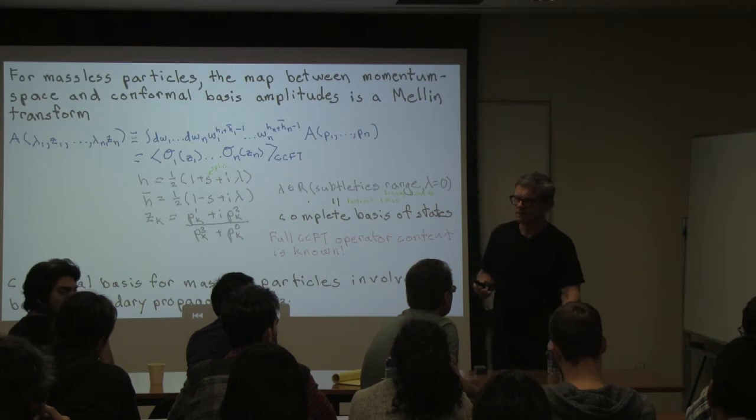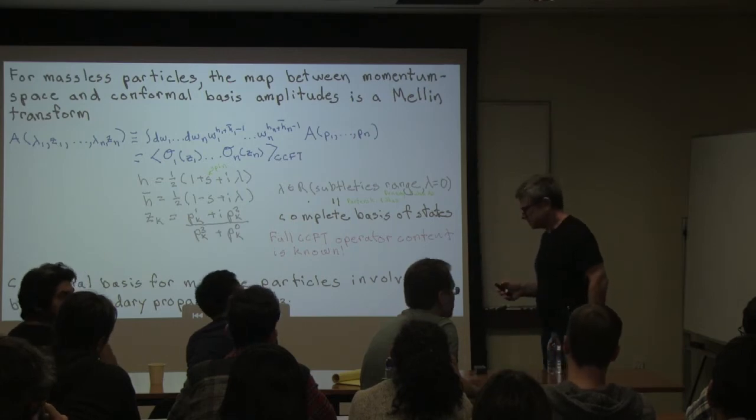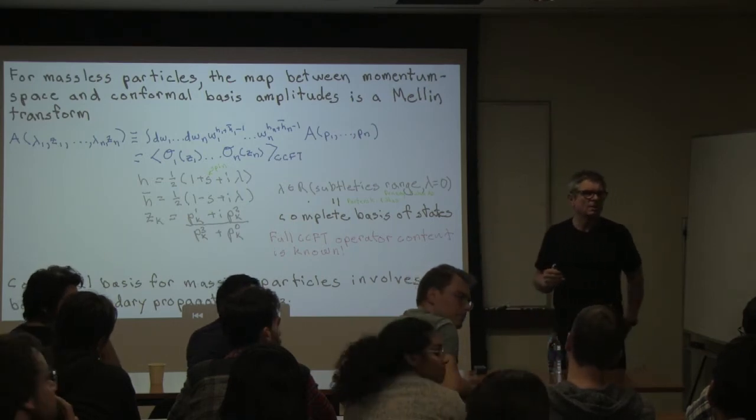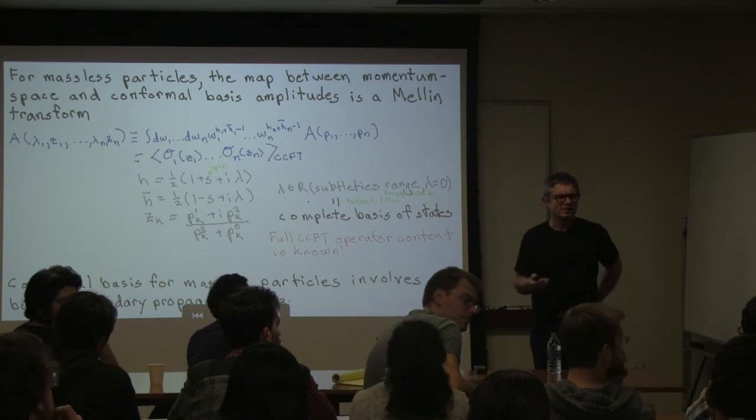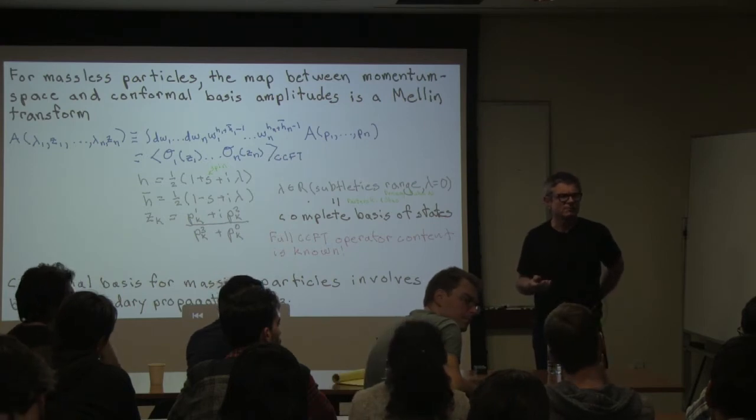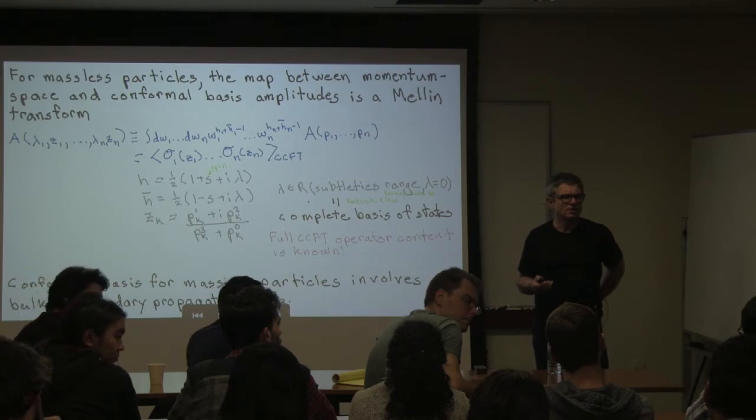You could certainly define such things, and they would transform as primaries. Well, if they're smeared, they're no longer primaries, right? No, if you smear them against a conformal three-point function, you can make something that transforms like a primary. But you need these objects if you want to decompose a four-point function into blocks.